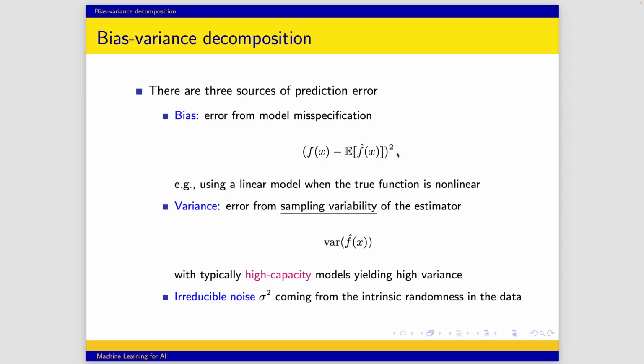And then the final component is this irreducible noise, which comes from the intrinsic randomness in the data, meaning the random sample XY, our test data. This is something we cannot get rid of, hence the name irreducible. So the 2 components of error in regression, at least with the square loss, which is what we typically use, that we try to focus on, are these 2 terms.